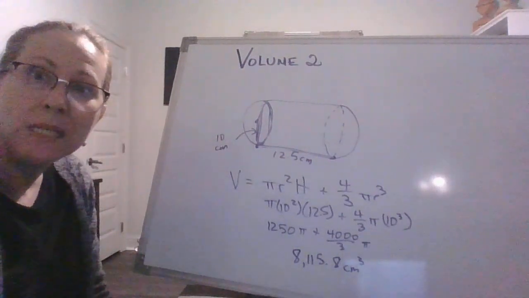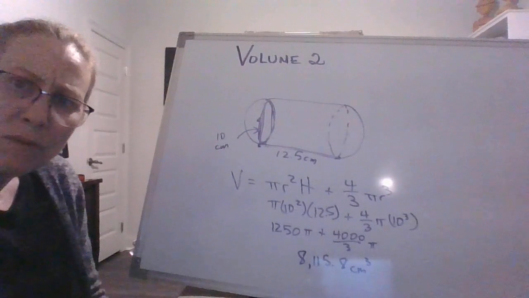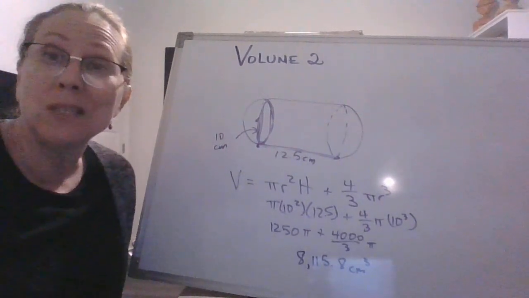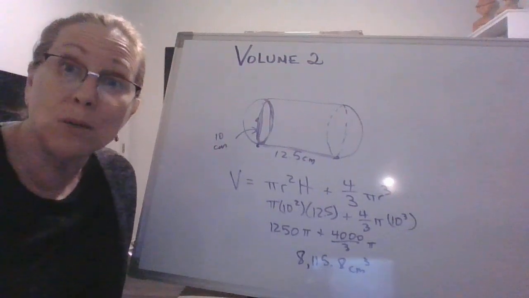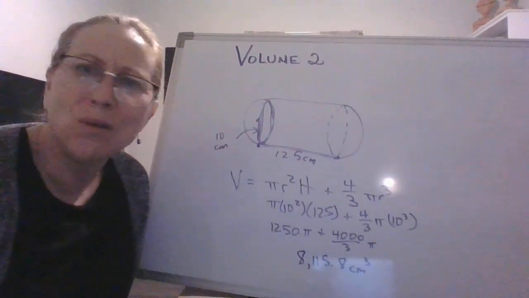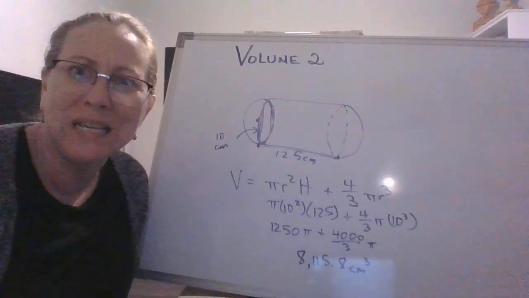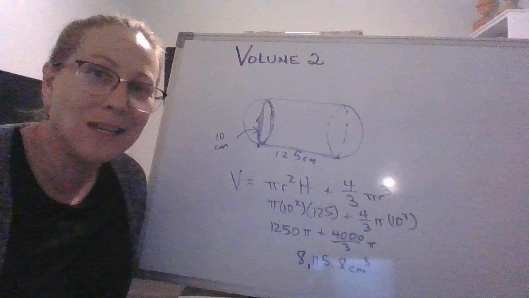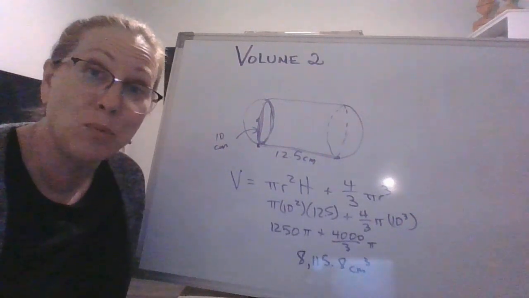So watch all of these. They're changing on you. Some of them are to the 10th place. Some of them are exact form. Some of them to the nearest integer, which means to the nearest whole unit. So make sure you read carefully because I don't want you to have to do the problems over and over again. All right. Good luck on your last 9 problems here. And then all you have to do is the practice test, put it all together.